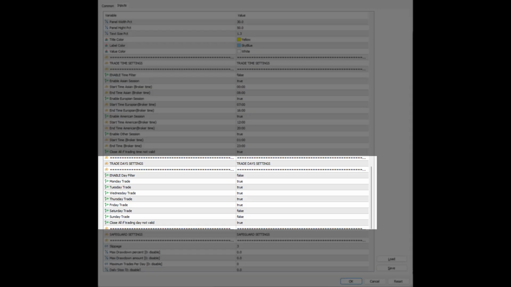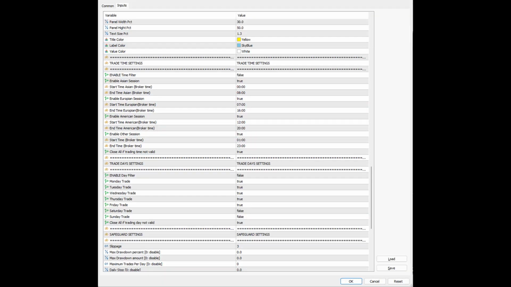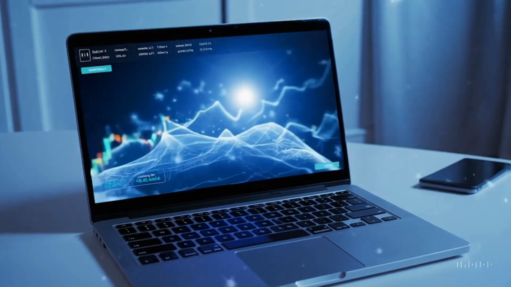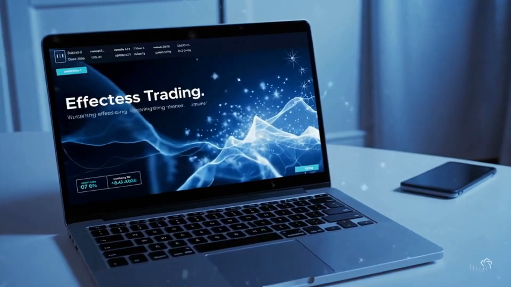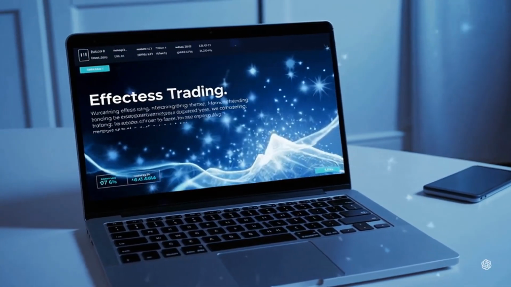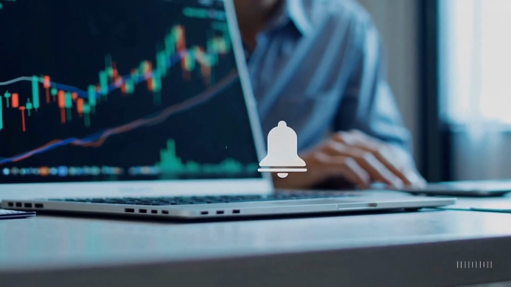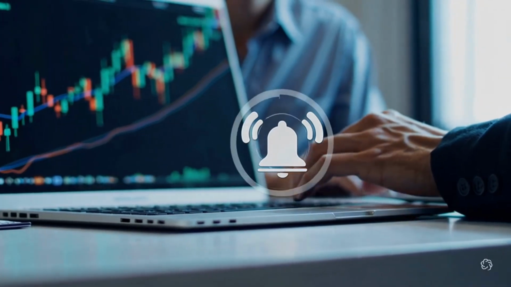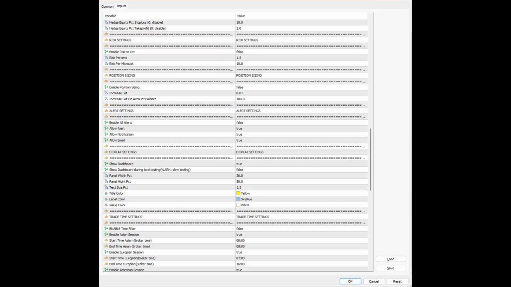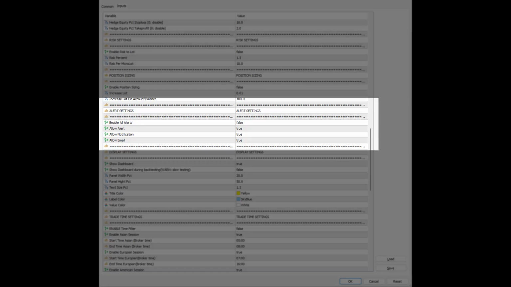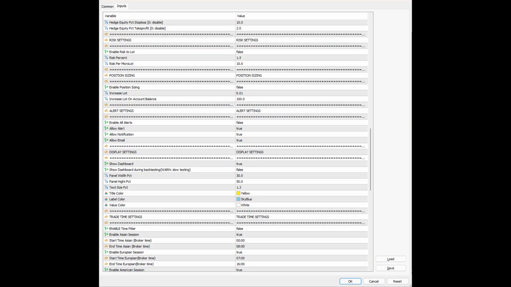Set specific days and trading hours to match your preferred trading sessions, ensuring the EA operates only when you're most comfortable with market conditions. Low resource consumption. This EA is optimized to perform without slowing down your trading platform. Alerts and notifications. Stay informed with on-screen pop-ups, audio alerts, and notifications via email or mobile push.